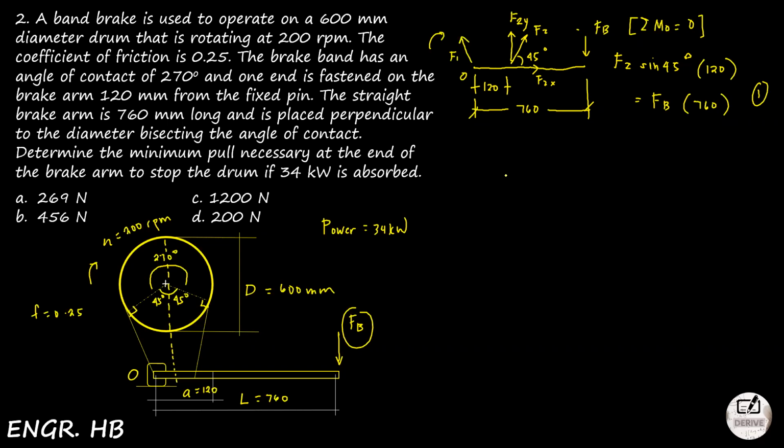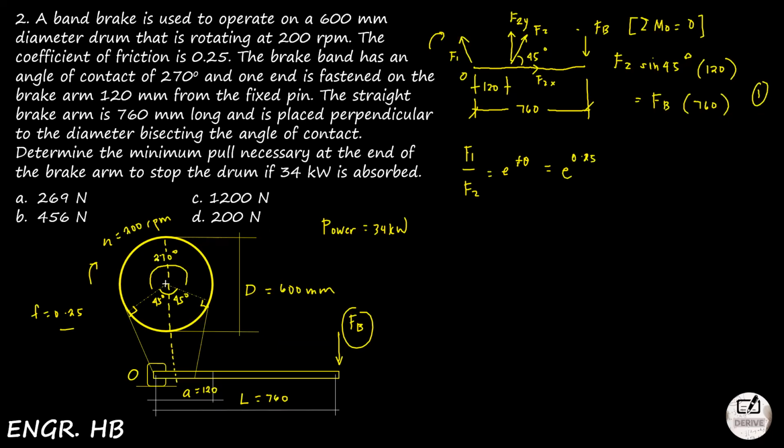So remember na meron tayong formula na F1 over F2 is equal to e raised to f theta. Kulain ko lang f, pangit ang aking sulat. So F1 over F2 is equal to e raised to f theta, and that will become f, which is, ang sabi kanina ay 0.25, and our contact angle is not 45 degrees.